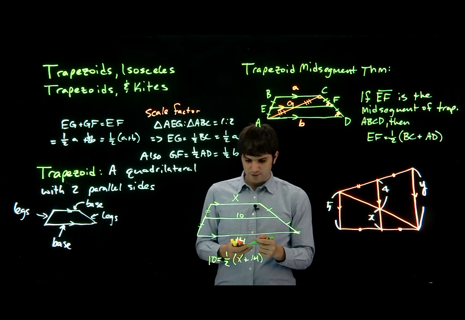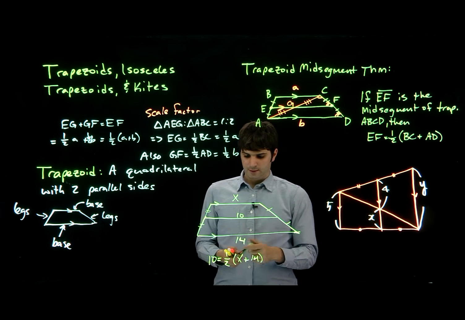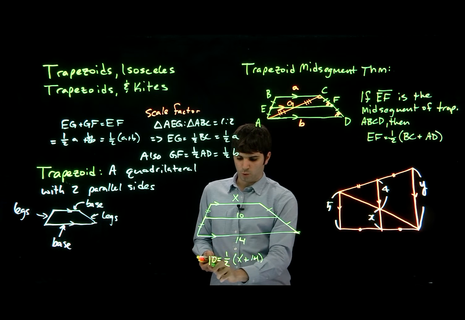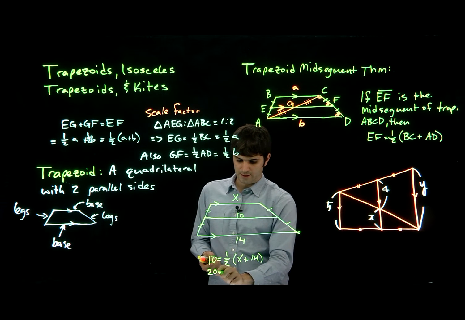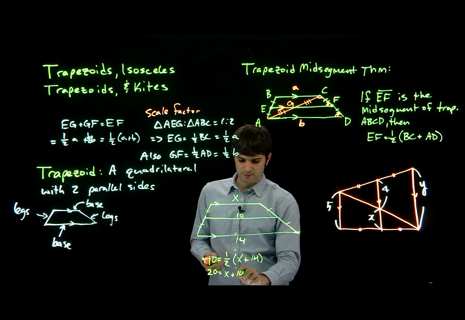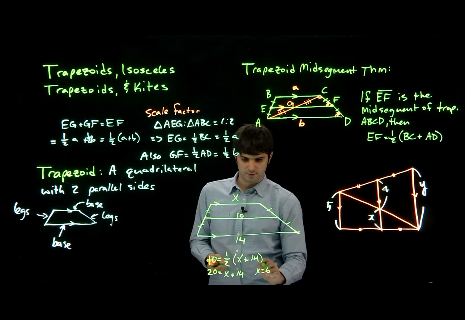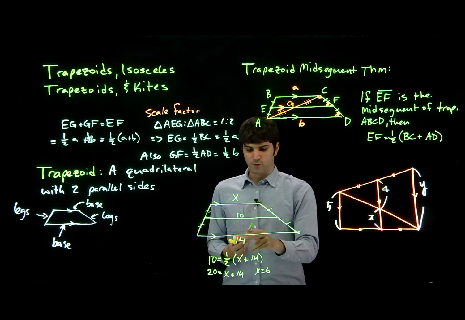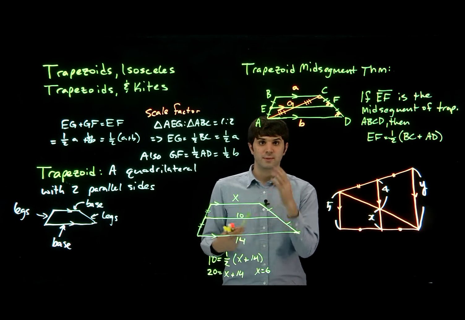Maybe you can do this in your head algebraically. If we multiply both sides by 2, that's going to be 20. So 20 equals x plus 14, so x equals 6. Just to check, 6 plus 14 is 20, half of 20 is 10, so that makes sense.